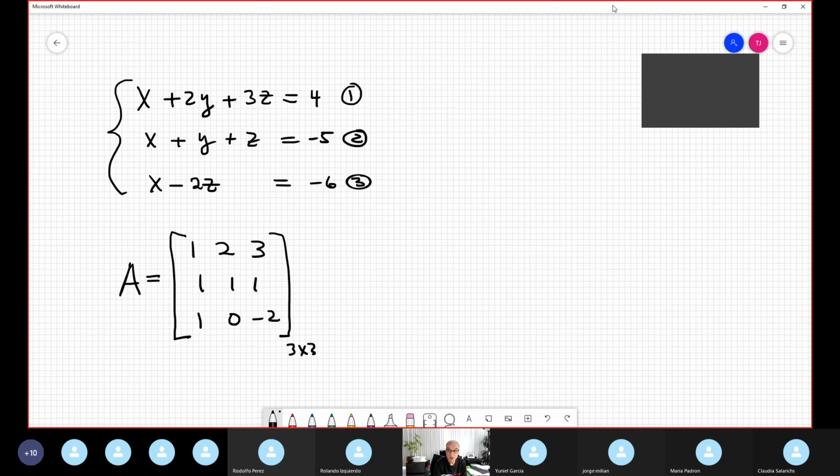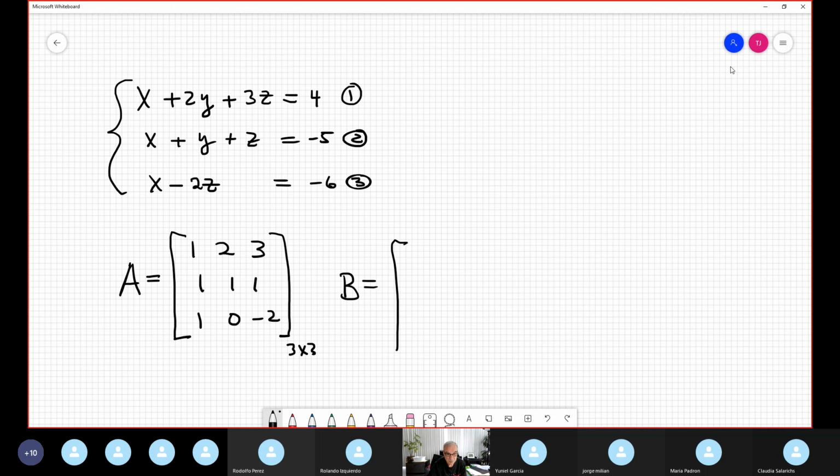Now, take the right hand side numbers 4, -5, and -6, called B. And this is 4, -5, and -6. And this is a matrix, but it's like a column vector. Normally it's called a vector when at least one dimension is 1.